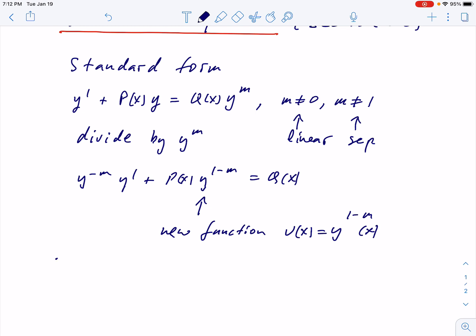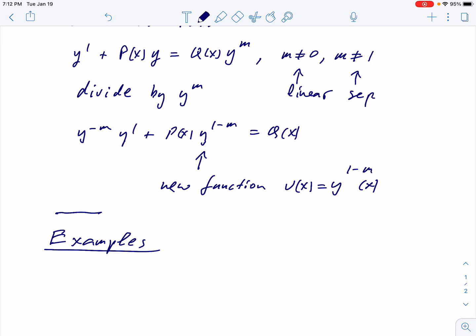So I want to show you now several examples. Look at this equation. Examples. Our first example will be the equation 2x y prime plus 6y equals x cubed y cubed.